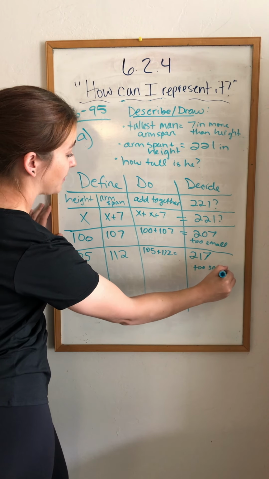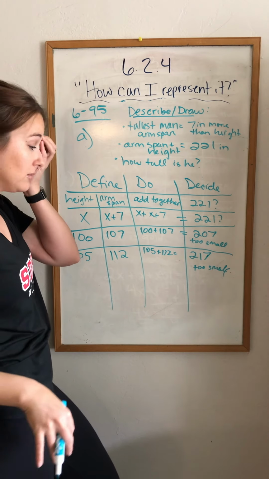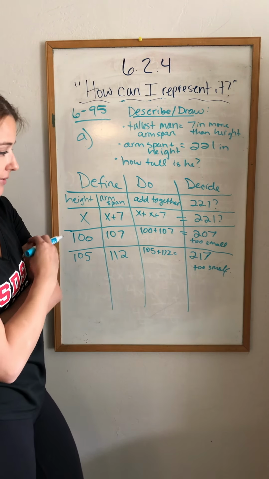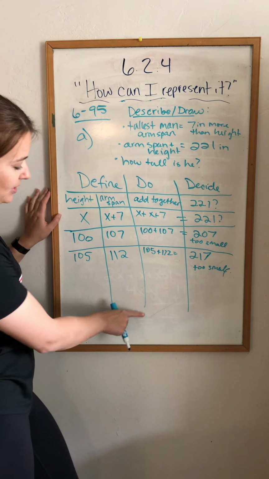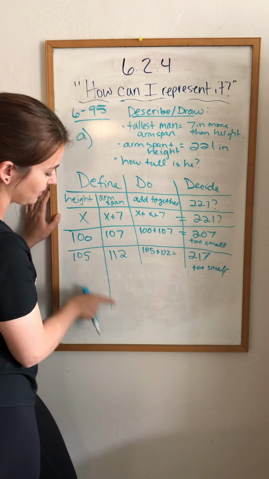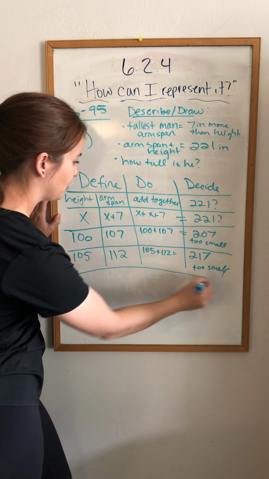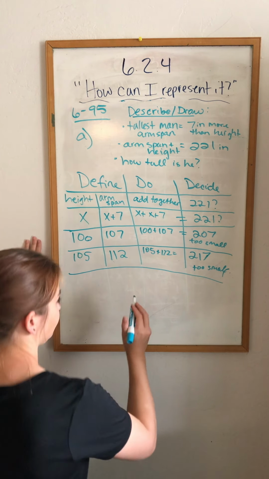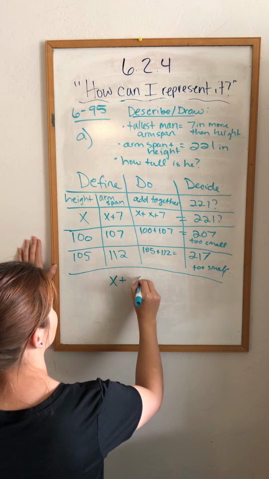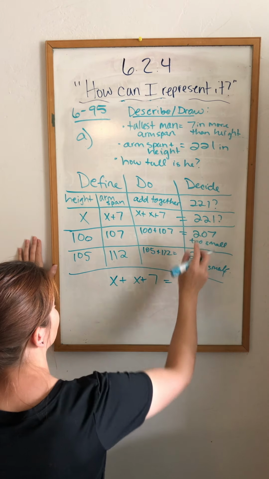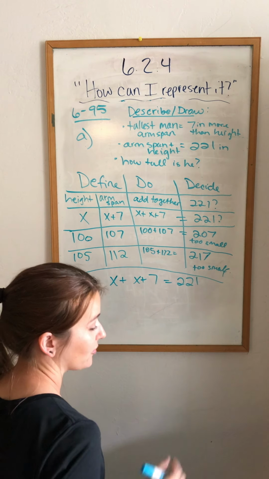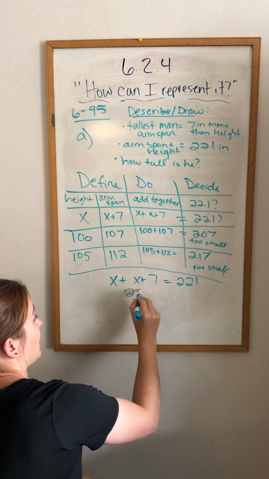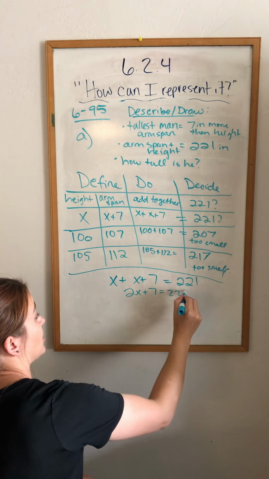So now I'm at the point where I'm kind of tired of doing so many trials, and I want to speed up this process. So I'm going to abandon the chart. I'm going to take the equation that we have right here in the chart, bring it down here, x plus x plus 7 equals 221. Now I can solve for x, and I don't have to do any more trials. x plus x gives us 2x, add 7 equals 221.